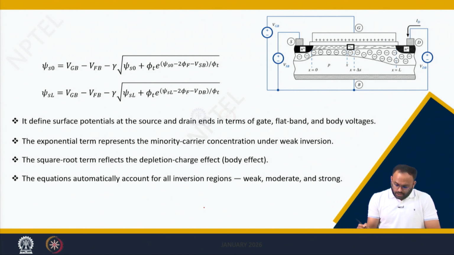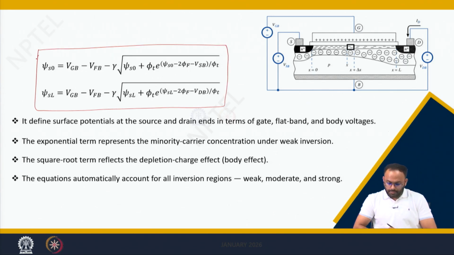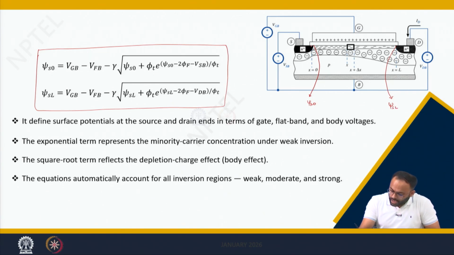To move further, we have seen the final expression of psi S0 and psi SL can be given by this, where the surface potential of psi S0 and psi SL is defined at this point. Again, we can strictly mention that we are ignoring the edge effect.